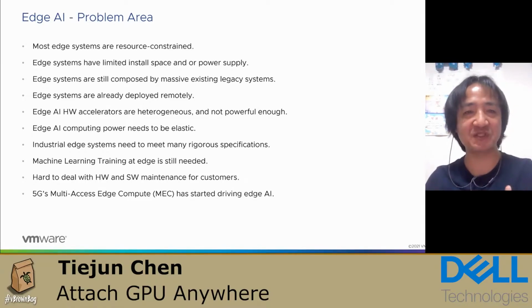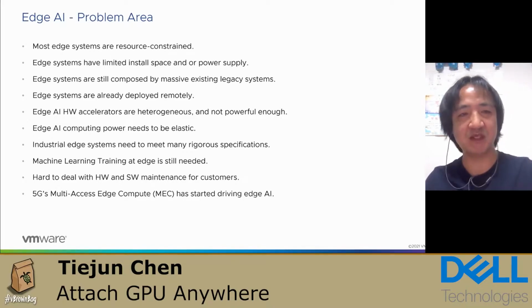Most edge systems are resource constrained. They are small boxes. They have limited installation space or power supply. These legacy systems are still in production, and even in production, they are already deployed remotely. So it's hard to enable edge AI. It's not easy to upgrade them or replace them with a more powerful computing platform.